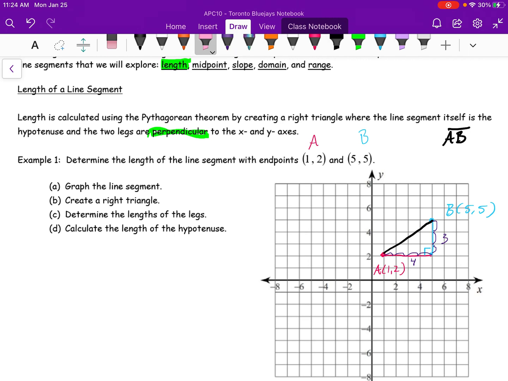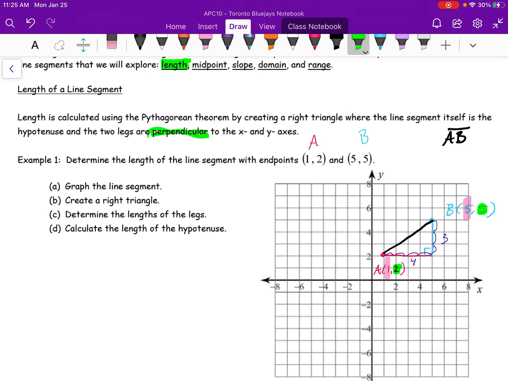Now, I would like you to maybe start to consider the x-coordinate of A and B. If we start off with A and move to B, we went from 1 to 5. How far did we travel? Positive 4. Now, the y-coordinate of A was 2, but we went to 5. How far did we travel? Well, 3.